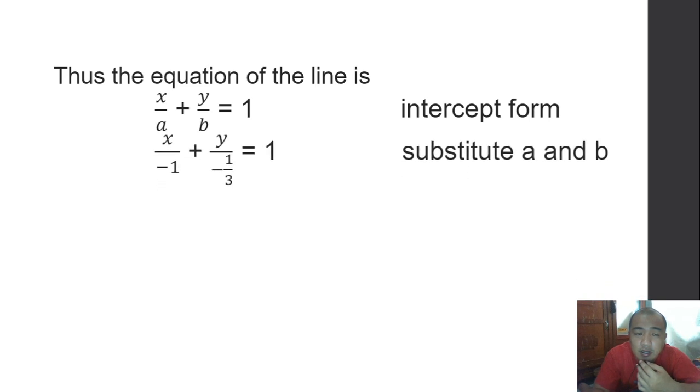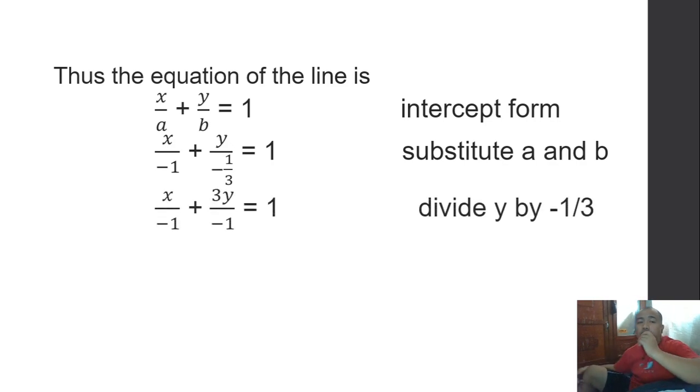Here, x over negative 1 plus y over negative 1/3 equals 1 is the intercept form of the equation of the line. If we're going to transform this to the form ax plus by equals c, then what will we do? It becomes x over negative 1 plus 3y over negative 1 equals 1, dividing by 1/3 on this part.